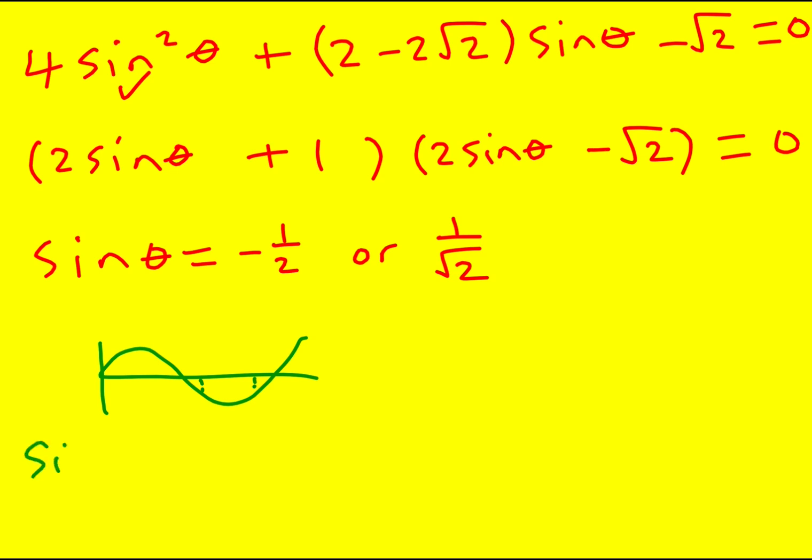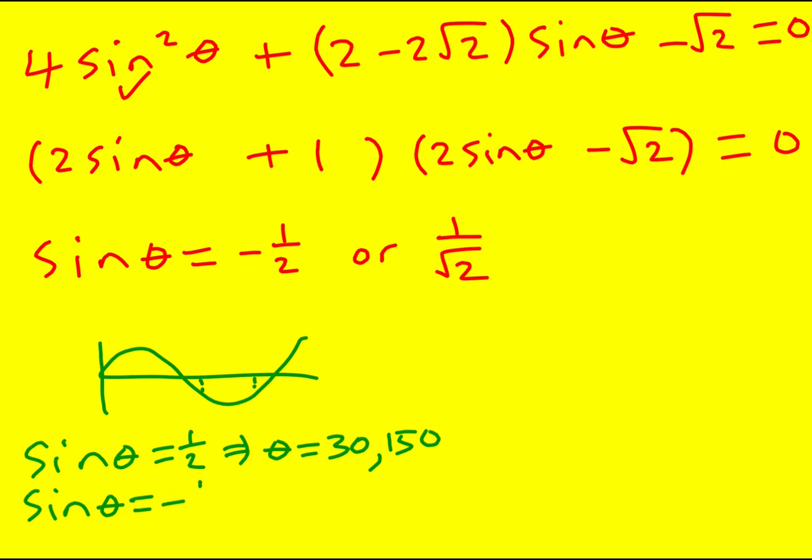Okay, well I know sine theta equals a half implies theta is equal to 30, or it would be 150. So that means sine theta equals minus a half.